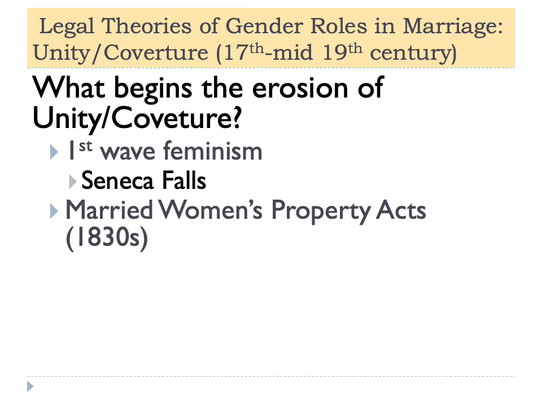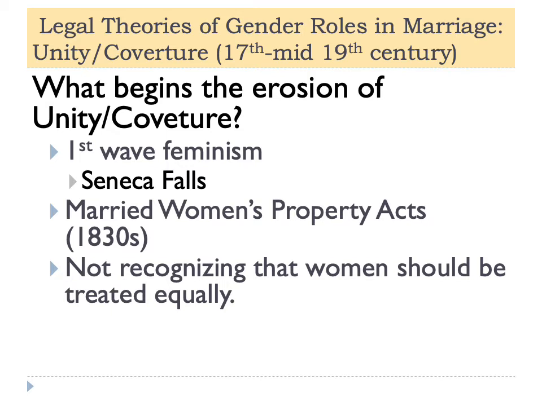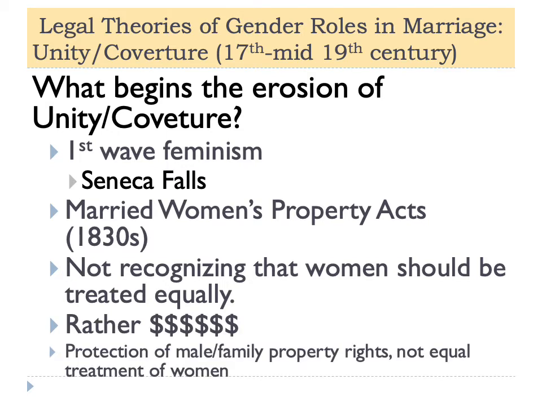It was that concern, not really recognizing that women should be treated equally, but rather concerns over money. Fathers looked at the property rights of their family, and they were worried that if their daughter married somebody who was bad with money or got into a lot of debt, that debt would be repaid by a forfeiture of the property that now became the husband's property.